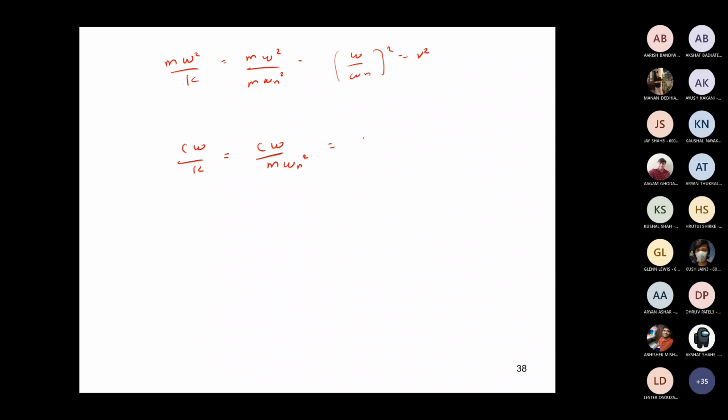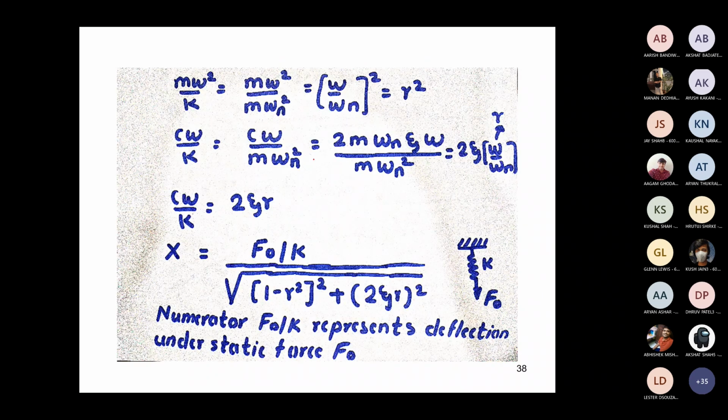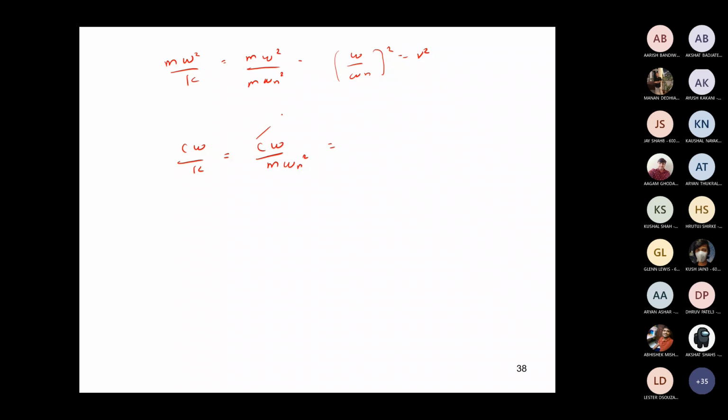Here c is equal to cc into zeta, and cc is equal to 2m omega n.